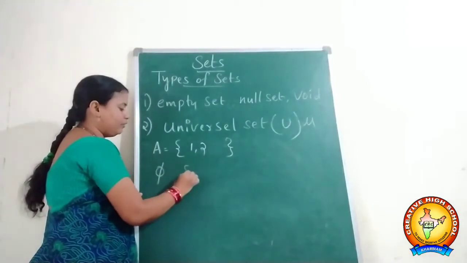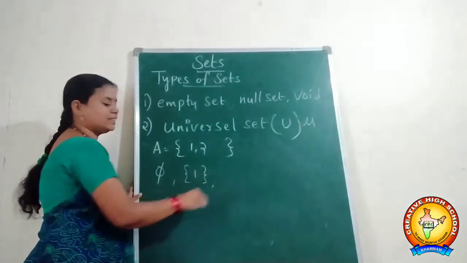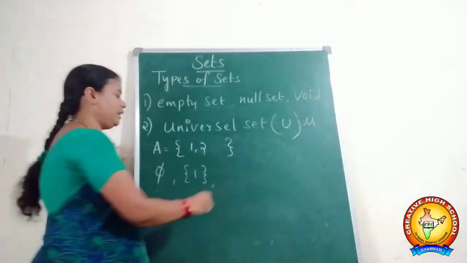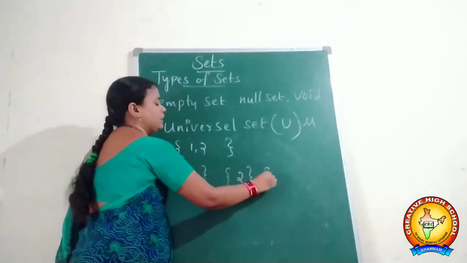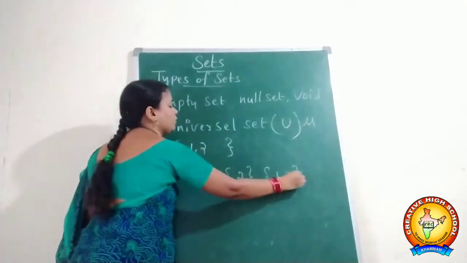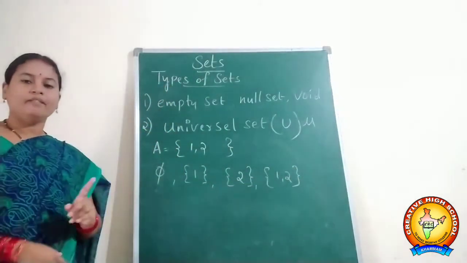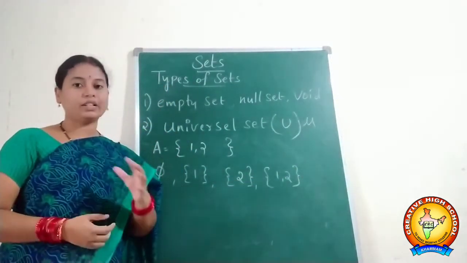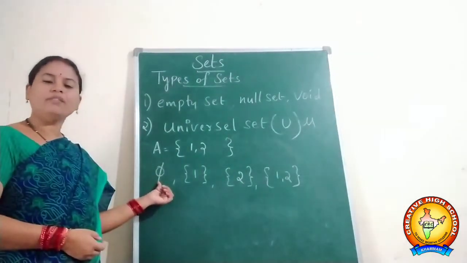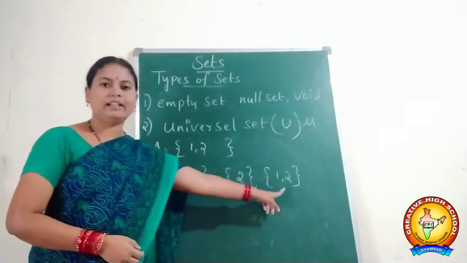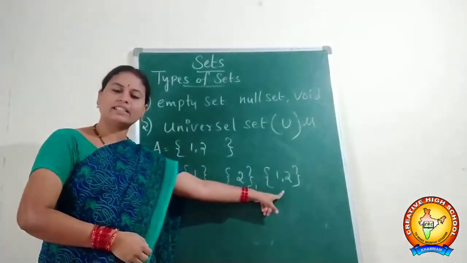From this we can write 1 as a set. And also we can write 2 as a subset. And also we can write 1, 2 as a subset. When you are writing the subsets, remember that phi is the subset of every set and every set is the subset of itself.